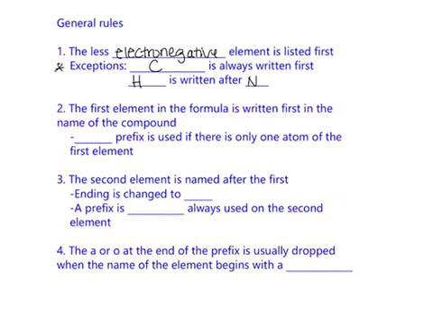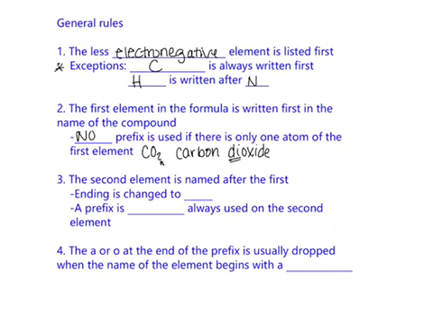The first element in the formula is written first in the name of the compound. And so no prefix is used if there's only one atom of that first element. So like when we did carbon dioxide, notice how there's only one carbon, but we still only wrote it as carbon, and then the prefix di showed up because of this 2, and then oxide for the anion.